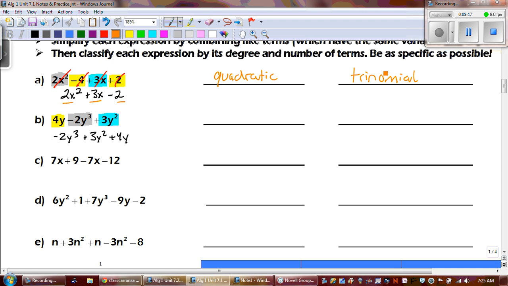I couldn't combine any like terms, so after I used them all, to name it, the highest exponent is 3. So that means it's a cubic. And then once again, there are 1, 2, 3 terms, so it's a cubic trinomial.